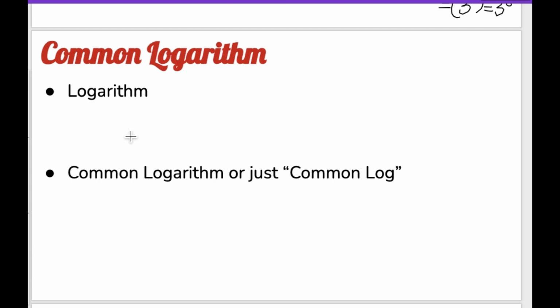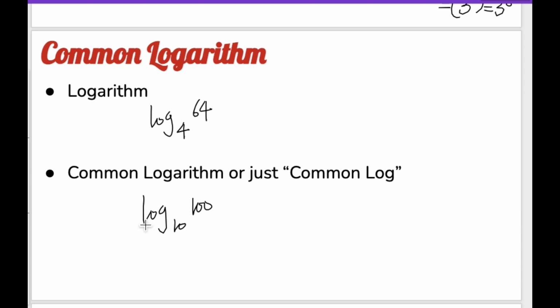So the general logarithm always has a log, and then let's say log base 4 of 64. That means this one is looking for 4 to the power of what is 64, and the logarithm always has a base and then has the answer on the top, right? However, common logarithm, or we just call it common log, is a special case, because whenever your log has a base 10, then that's a different scenario.